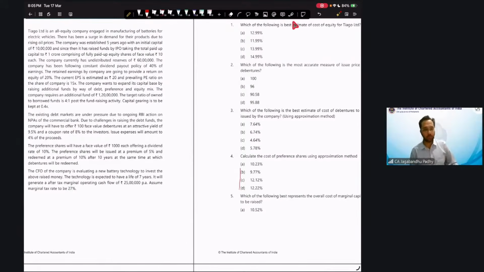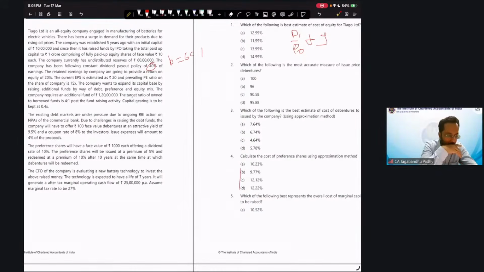I want to compute which is the best estimate of the cost of equity. Now, when it comes to cost of equity, we can definitely take D1 upon P0 plus G. Do we have the information to calculate the value of G? Yes, we have. Dividend payout is 40%, so retention ratio is 60%.